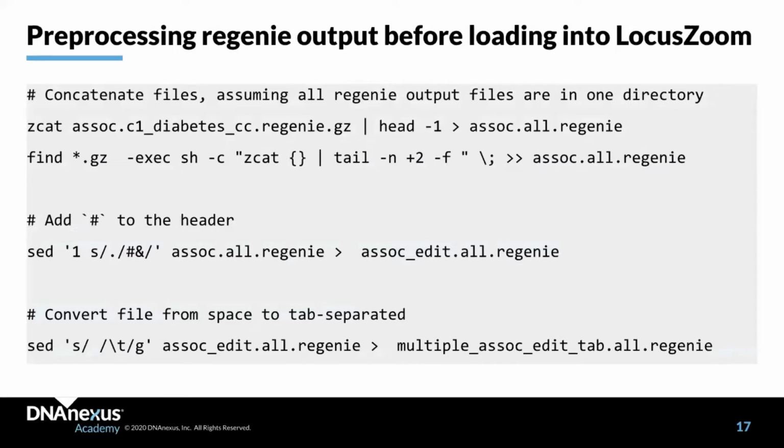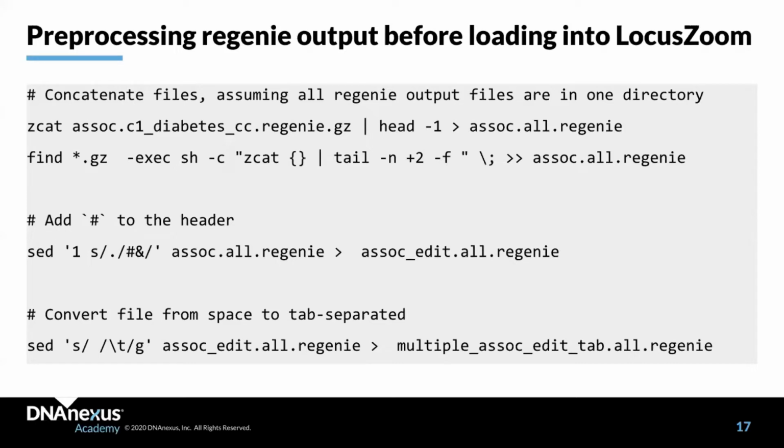As I mentioned before, LocusZoom was made for Plink files. Here we are using Regenie, but Regenie files need some preprocessing. So what can we do with that? Here is an example script, and we put it into our repository. We will link to our repository in, I think, the last slide or something like that.